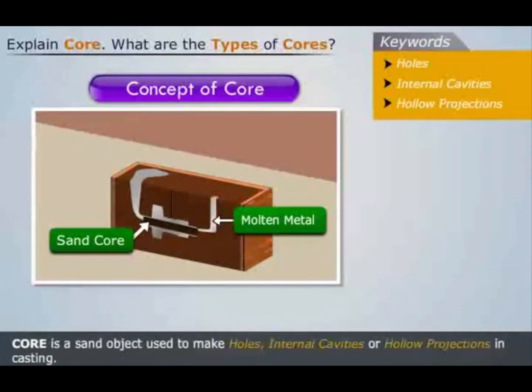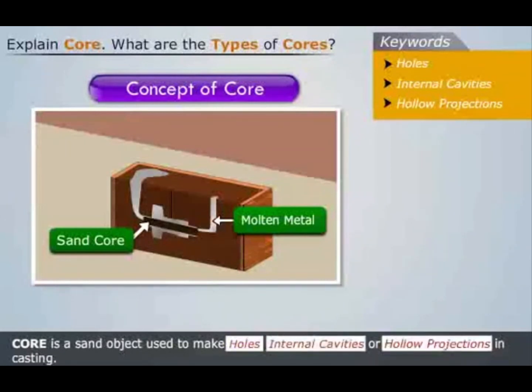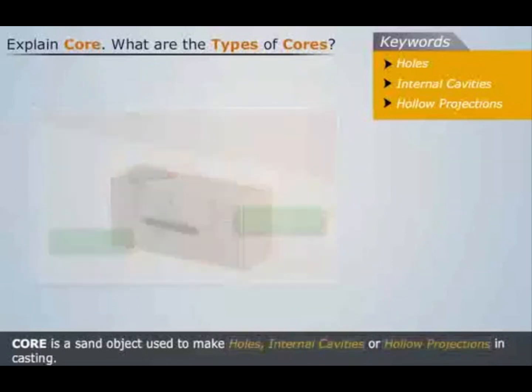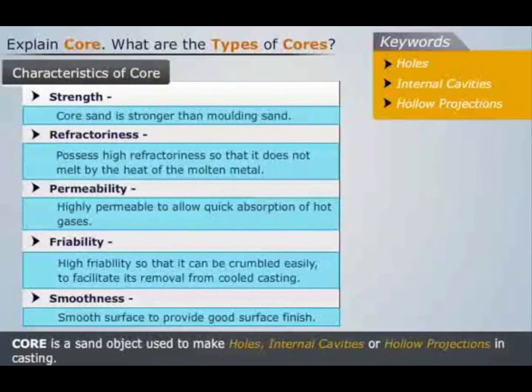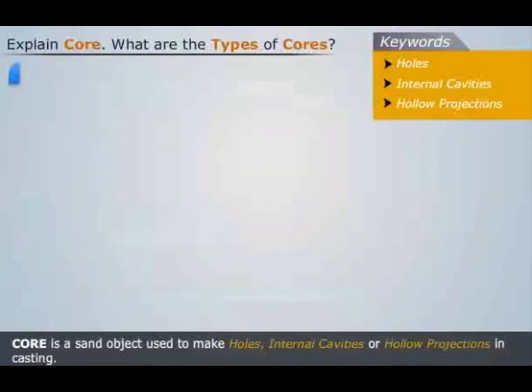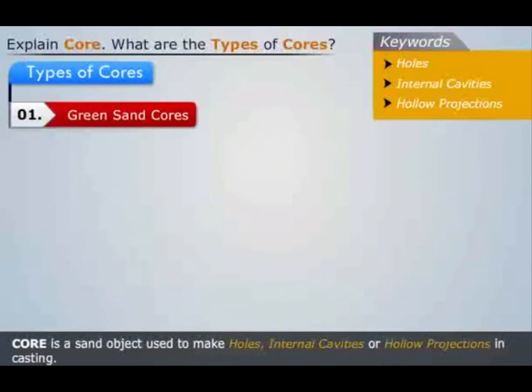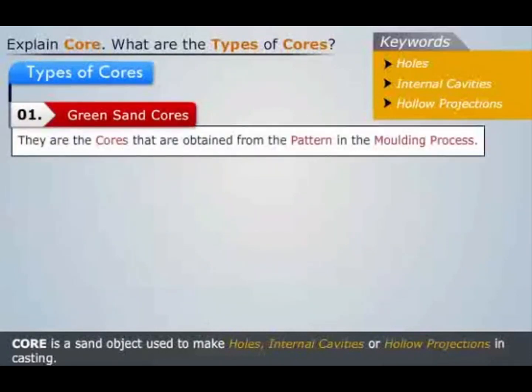Thus, a core is a sand object used to make holes, internal cavities or hollow projections in casting. The main characteristics of a core are: the different types of cores are green sand cores. They are the cores that are obtained from the pattern in the molding process.